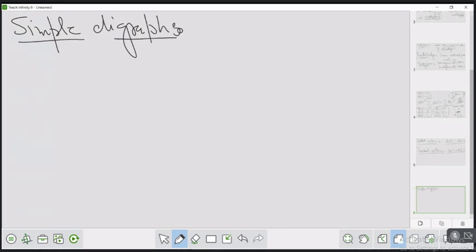I will not write in detail because you know everyone. What is a simple graph in an undirected graph? No self loop, no parallel edge. The same here in the digraph: a graph is called a simple digraph if it has no self loop and no parallel edge.